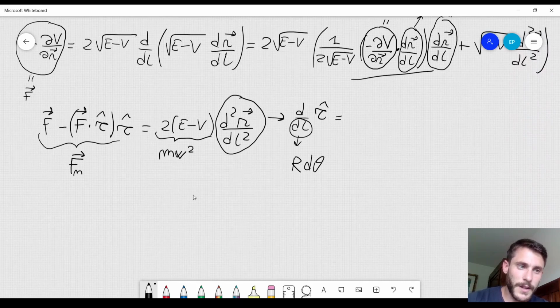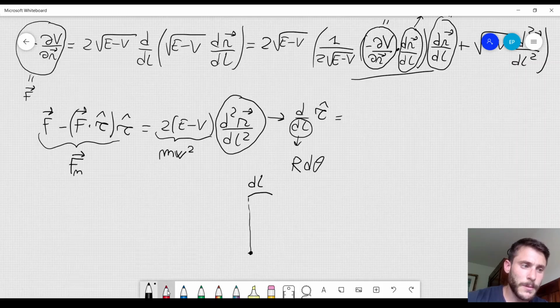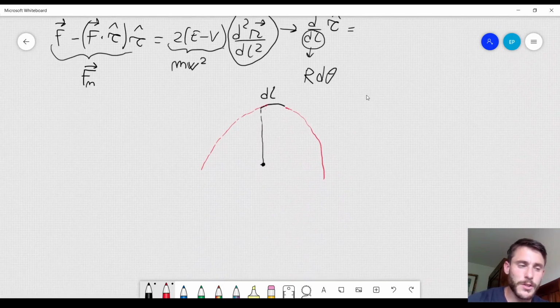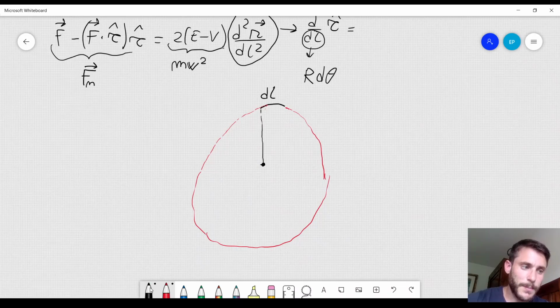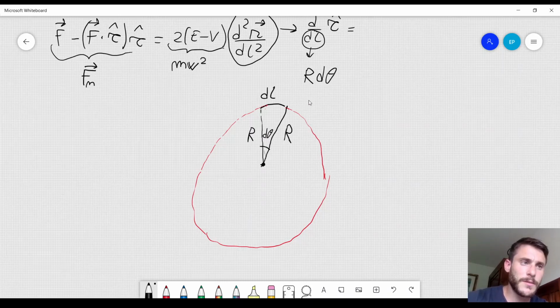So if I have a very small portion of the curve which has a length dl, somewhere here I have the center of the so-called osculating circle, which is the circle that contains dl and has a radius that's equal to the radius of curvature. So this is supposed to be a circle, and here we have the radius of the circle, which is the radius of curvature, and here I have d theta. R d theta is going to give me dl.